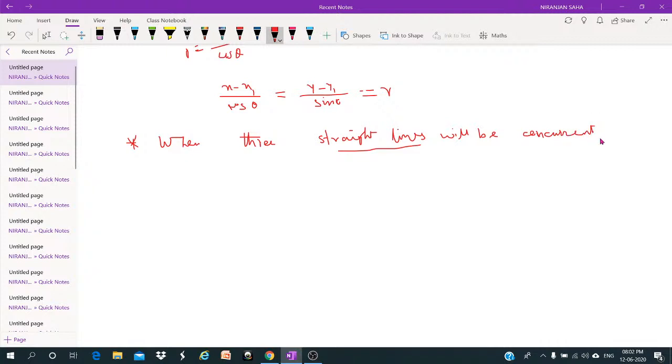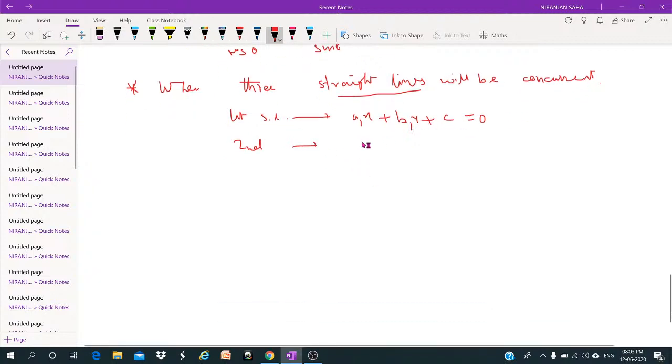So if we take the first straight line, this is the first straight line, a1 x plus b1 y plus c1 equal to 0. The second straight line, we will take a2 x plus b2 y plus c2 equal to 0.